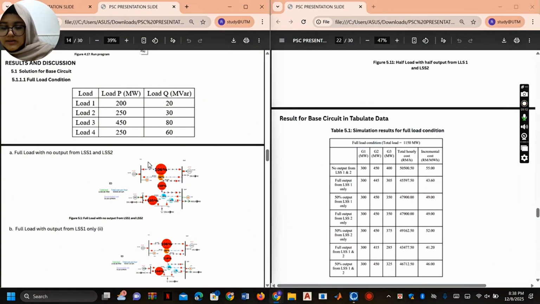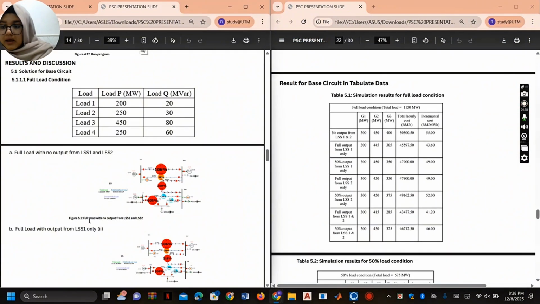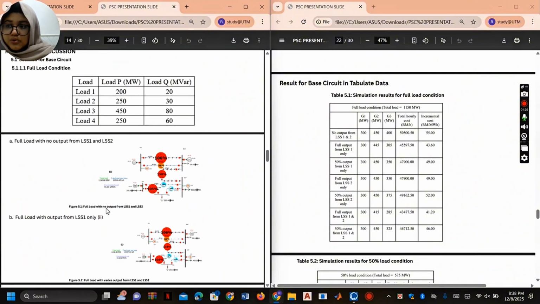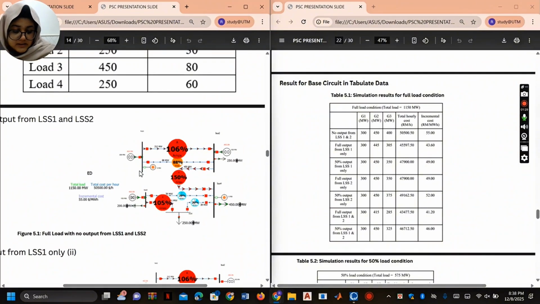Now here we can see the table, and these are the full loads. In the first one we can see that both solar units are set as 0, and so all the 1150 is supplied by thermal generators. So we can see from the table that this is the worst and baseline case because the thermal generator operates at high outputs and fuel cost is maximum.